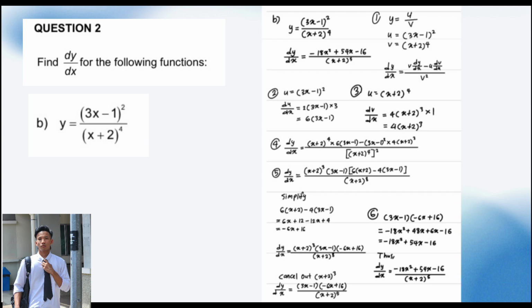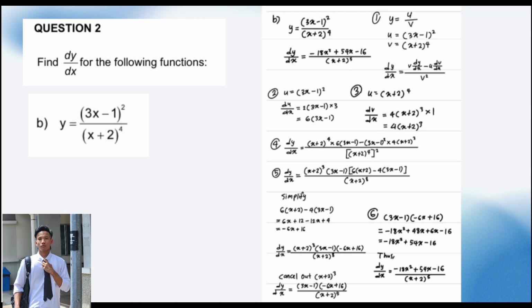Simplify the term inside the bracket. 6(x plus 2) minus 4(3x minus 1) equals 6x plus 12 minus 12x plus 4. So dy over dx equals (x plus 2) cubed multiplied by (3x minus 1) (minus 6x plus 16) over (x plus 2) to the power of 8.